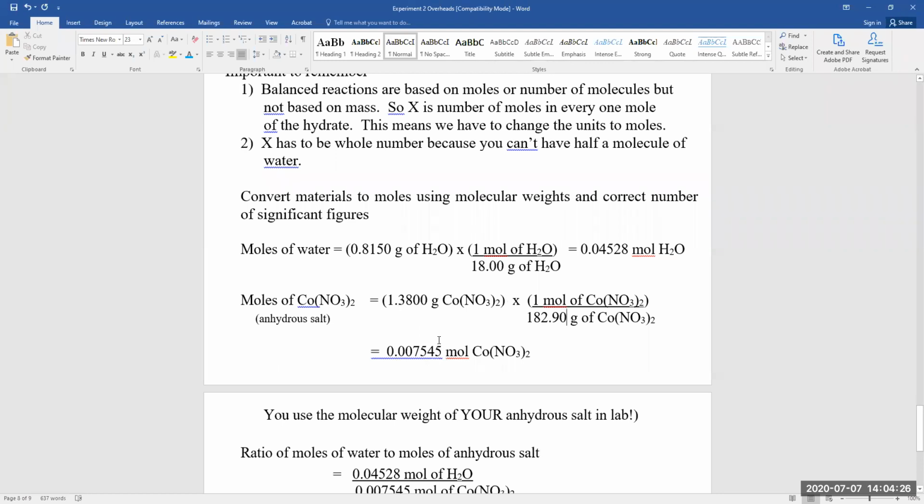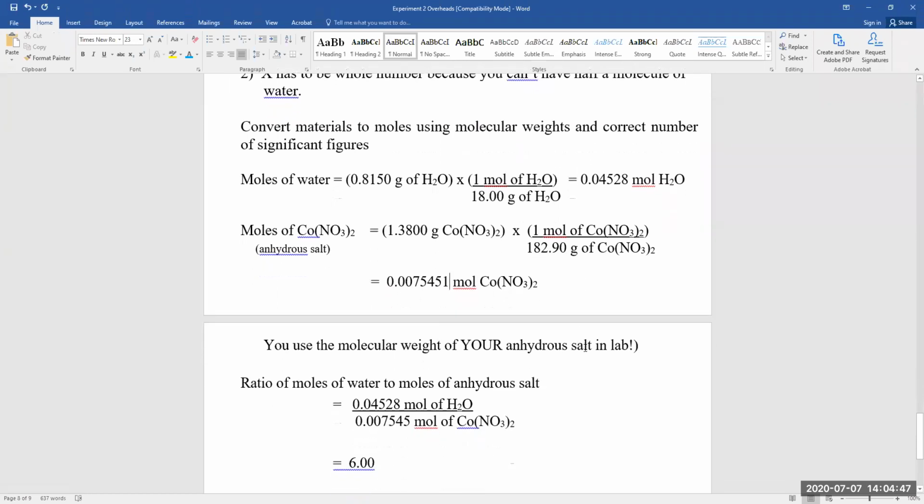I should write it to 5 sig figs. So I'm going to go 1.38 divided by 182.9, or 1. So I wrote a 1 there. Sometimes the mistakes are intentional, and other times they aren't. When I see the mistake, I force myself to talk about it, and that makes you see how my reasoning is going on here.